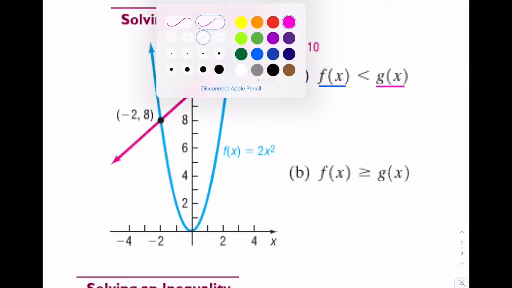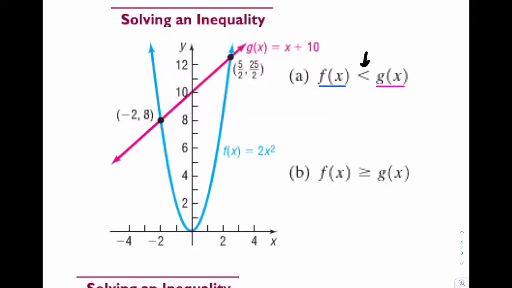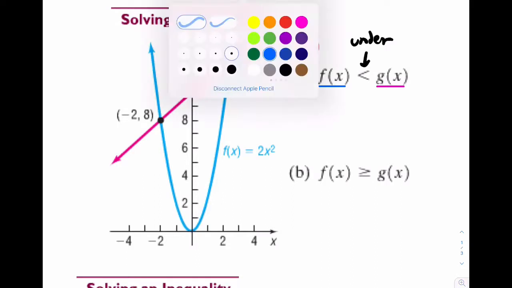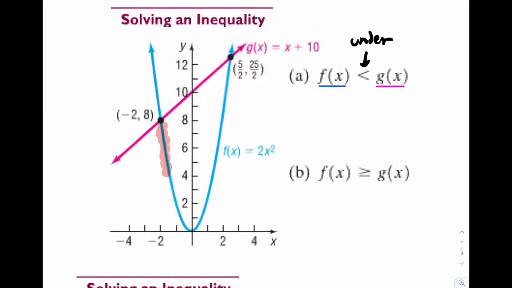If you see less than right here, f of x less than g of x, think of it as the word under. It's saying, where is the blue line under the pink line? So if I highlight that, I can see all of this stuff. That's where the blue line is under the pink line. Now to write the answer, we're going to use the x values.